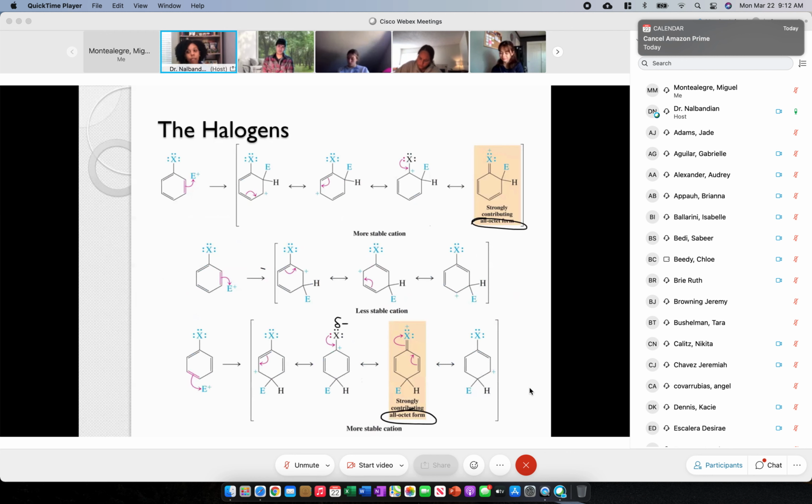I'll help you out. So it can be generous. It doesn't want to be generous, but it can. And so it can donate its electron density to help stabilize that positive charge. So we end up with this all octet form. So the halogens are a special case. They're deactivators, yet they are ortho-para directors.